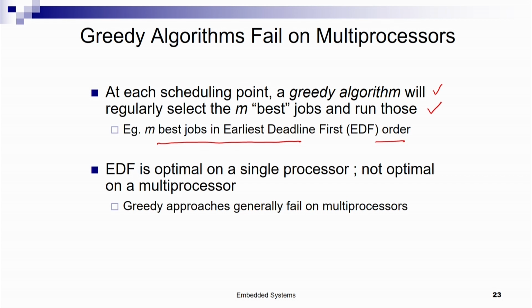But this strategy fails on multiprocessors, and we will see why. That is why, although EDF is an optimal algorithm on a single processor, it is not optimal on a multiprocessor system. So, greedy approaches generally fail on multiprocessors.